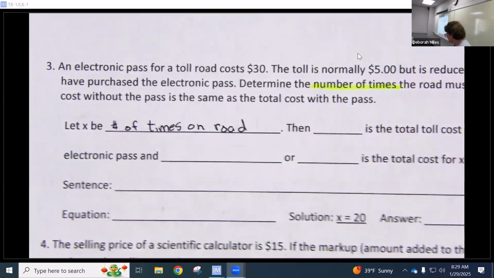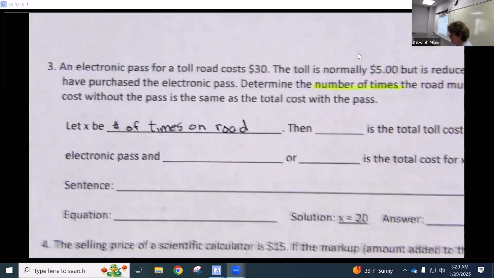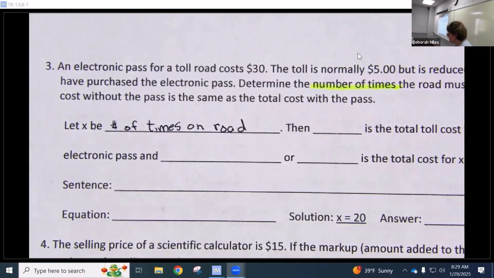And then if you do that X times, what's your total cost? It's 5 every time you use it. The first time you use it, you're out $5. The second time you use it, you're out $10. Third time you use it, you're out 15. So the X time you use it, how much money have you spent? So 5X.